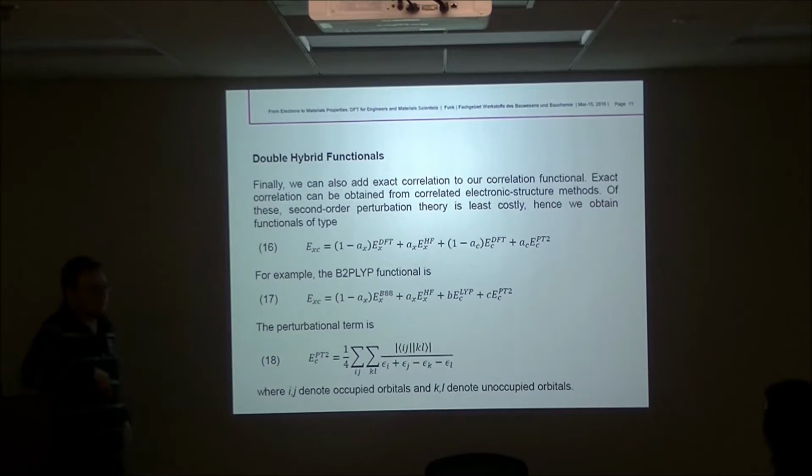But again, the parameters C, B, A, all fitted to a training set. If you are not confident with your results, make your own training set. Fit the parameters. That's a little bit of a stretch, right? In principle, you can fit very specific.